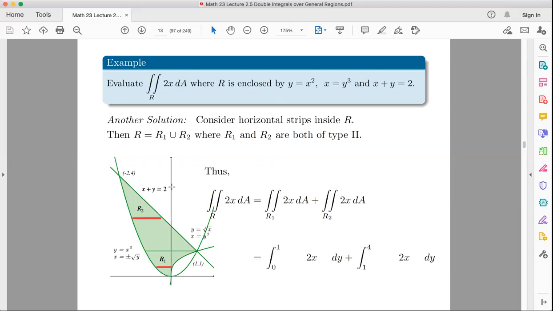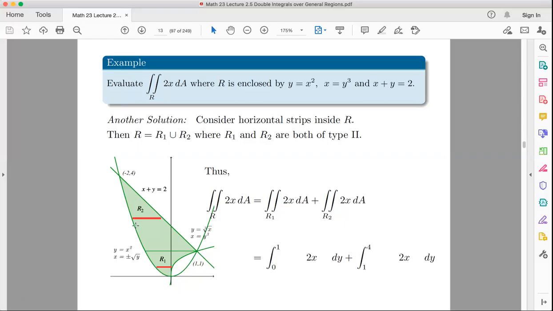Okay? Next is we want to know the inner integral. So for the first region, we draw a horizontal strip. The leftmost boundary would be x equals something. This is in the parabola y equals x squared, so we get the square root. So x is equal to plus or minus the square root of y. Now, what will be the sign?